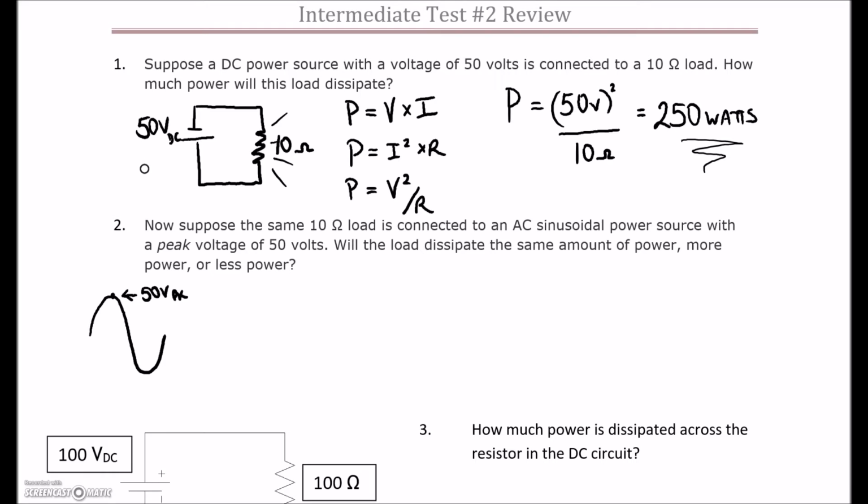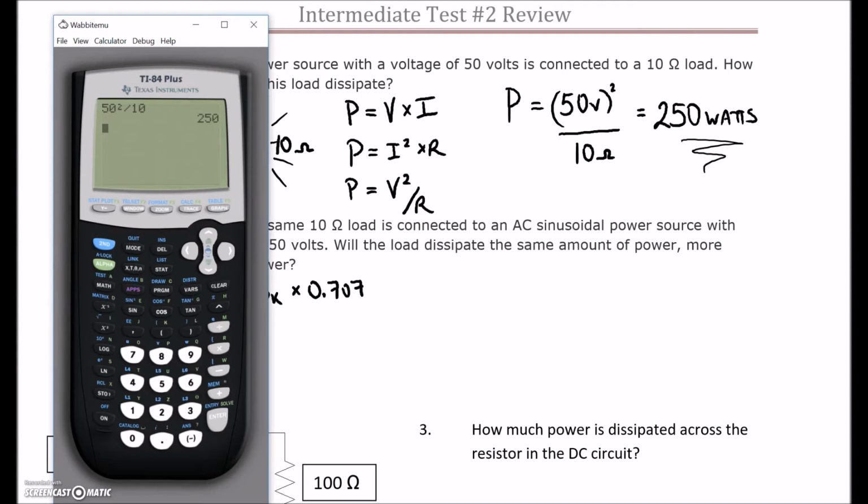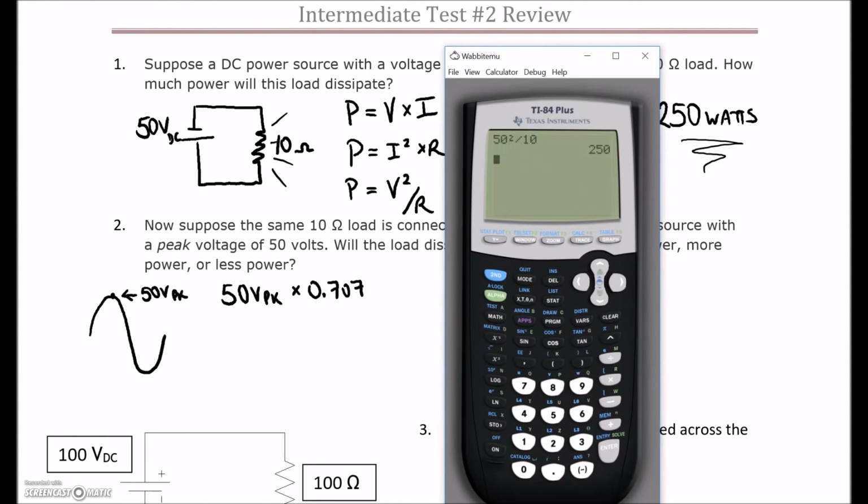So first step is to find our RMS voltage, and we're going to do that by taking our 50 volts peak, and we're looking for a lower number, so we're going to multiply it by 0.707. When we take 50 volts and multiply it by 0.707, or take 70.7% of that, we get a voltage of 35.35.